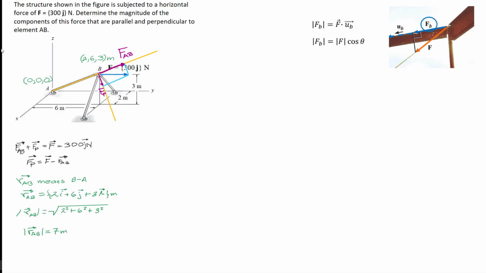Okay, using the definition of a unit vector, we know that the unit vector for AB is equal to the position vector AB over the magnitude of this vector.